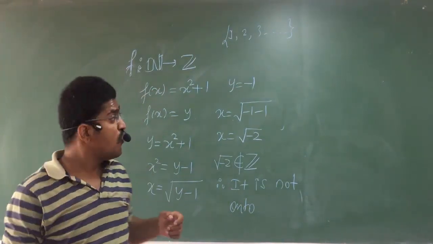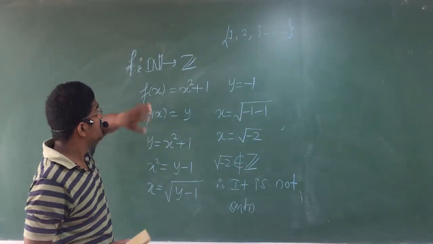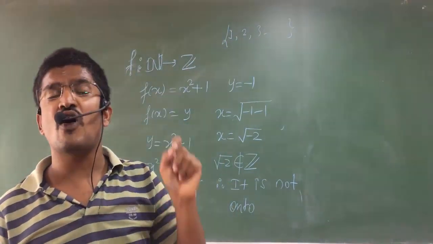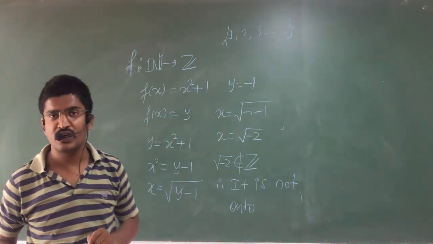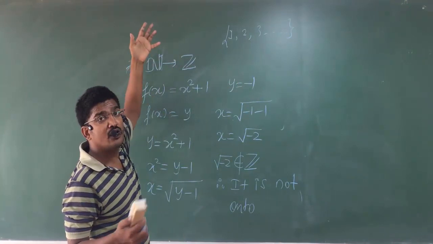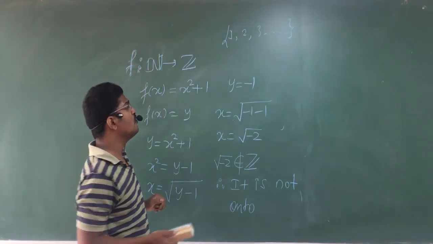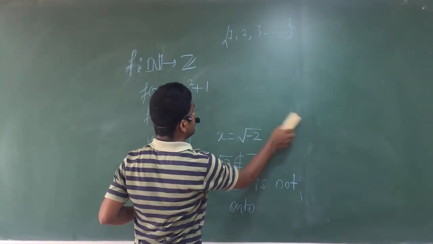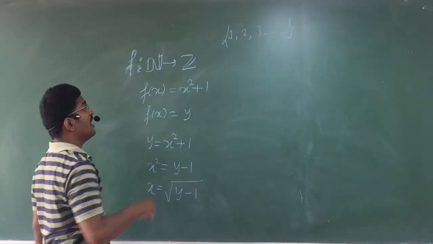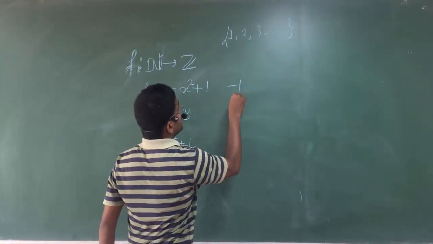So for that natural number set, we have to check whether this particular function is going to be onto or not. Is minus 1 belonging to the natural numbers? No, minus 1 doesn't belong to the natural number set. So I can't take y equal to minus 1 as a pre-image, but no problem. Come back to Z. Z has minus 1.